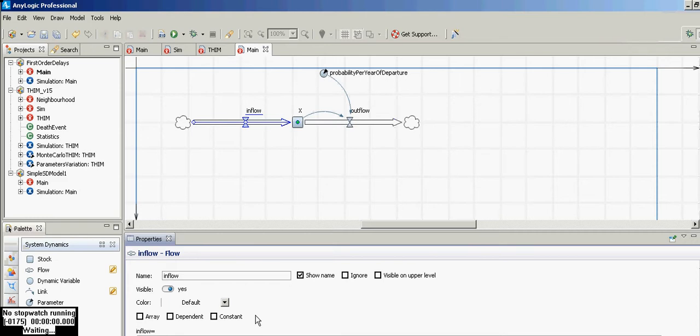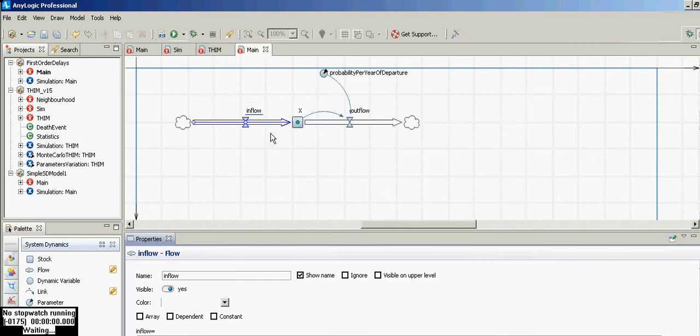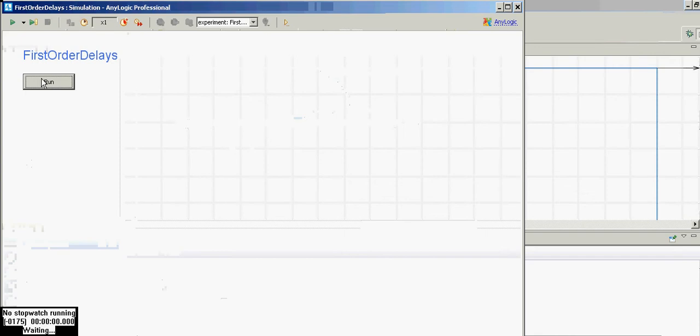So let's run this first order delay simulation, and we're going to watch the value of this flow, and the prognostications were accurate. Oh, look at that. No, it's not going up to 1,000 for the value of the stock.